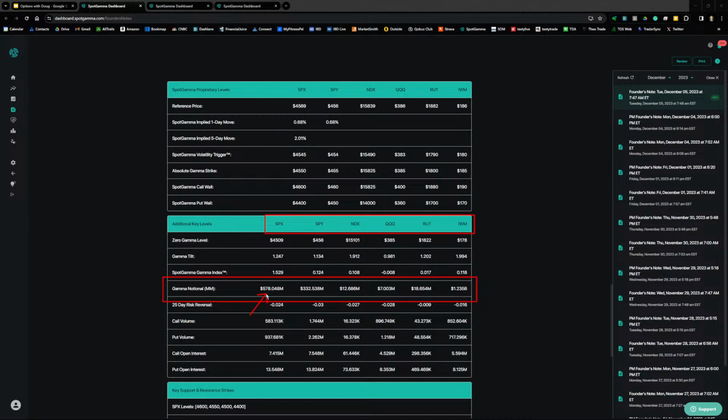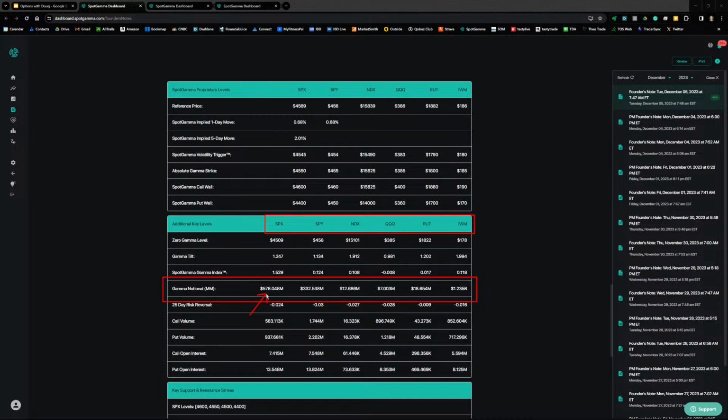All still positive. So what this means, in a positive gamma environment, traders are short calls, market makers are long calls, and they have to trade against price to hedge their delta exposure. And that tends to subdue or decrease volatility, leading to more mean reverting price action, range days rather than large trend days.